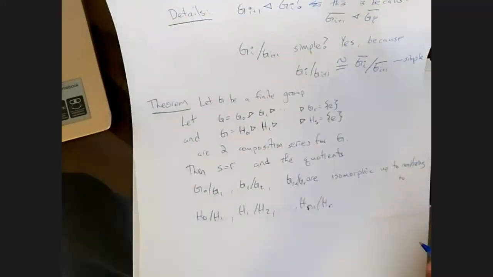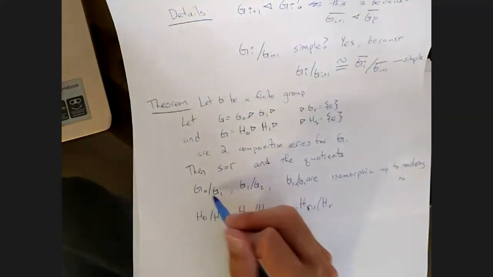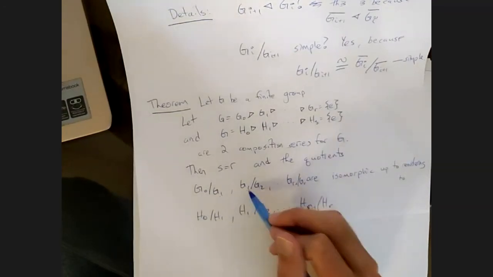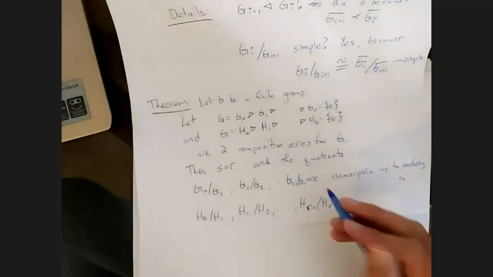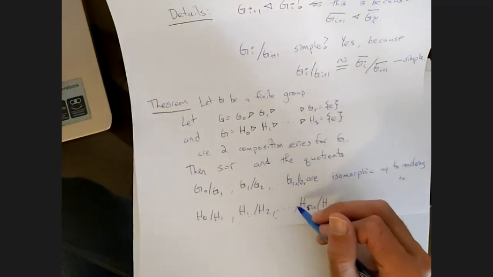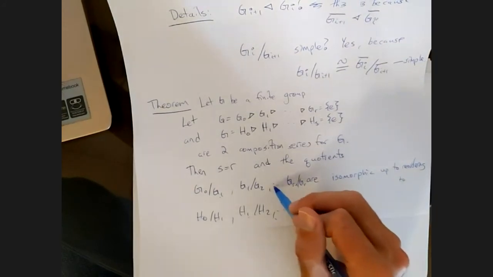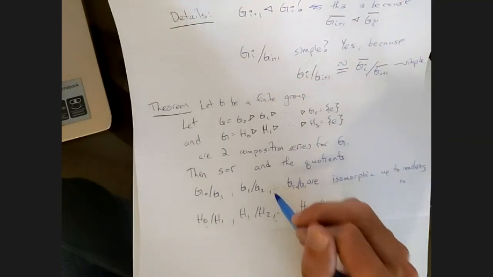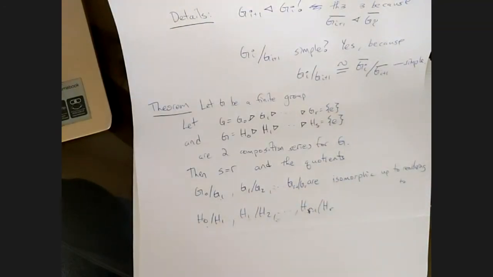What I mean is that G0 mod G1 might be isomorphic to H1 mod H2, and G1 mod G2 might be isomorphic to H5 mod H6. So this is the Jordan-Holder theorem.